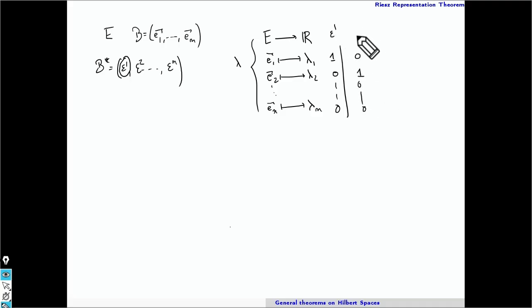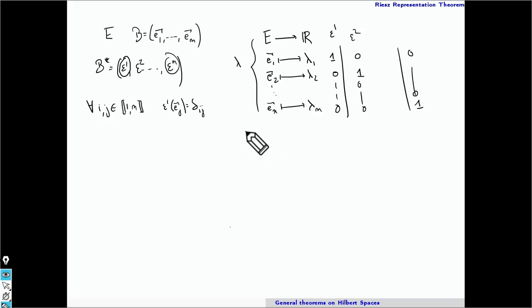And then for the last vector, epsilon n, it has value 0 everywhere, except on the last one where it has value 1. Usually we would just write it like this, for all indices i and j from 1 to n: epsilon i evaluated on e_j is given by delta ij.